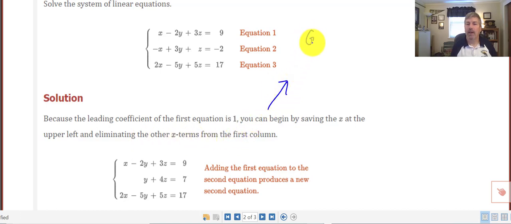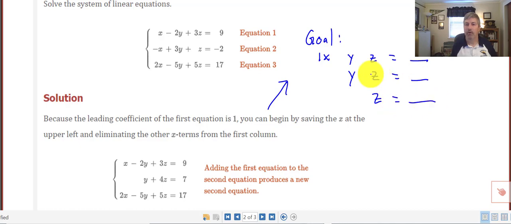So our goal is to have something that looks like this: 1x, and then a y, and a z equals some value. But for the next one, we want the x to drop out. We just get y and z equals some value, and then finally we get z equals some value. So our goal is to get our system to look something like this, so then we can just do back substitution.